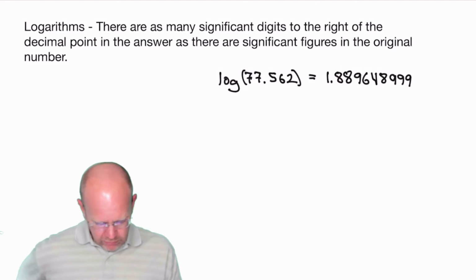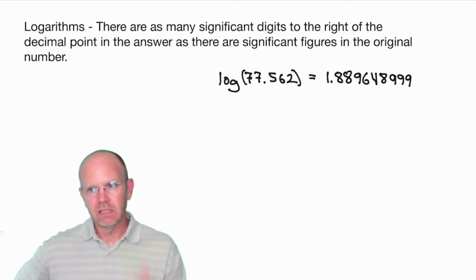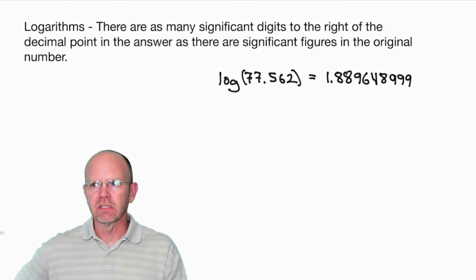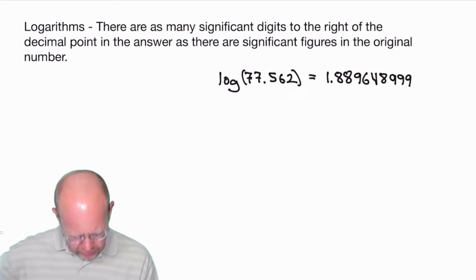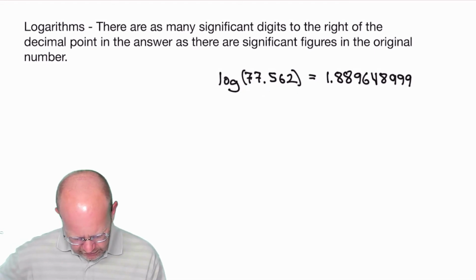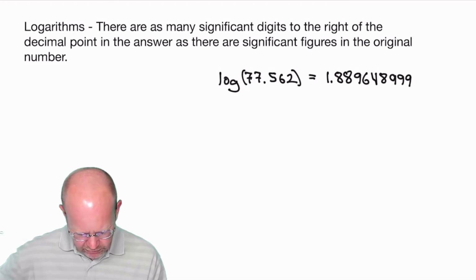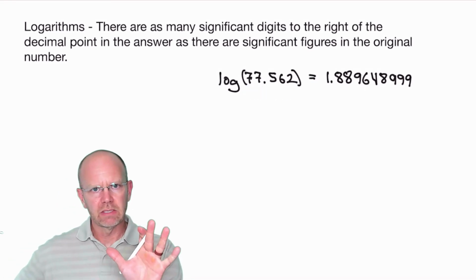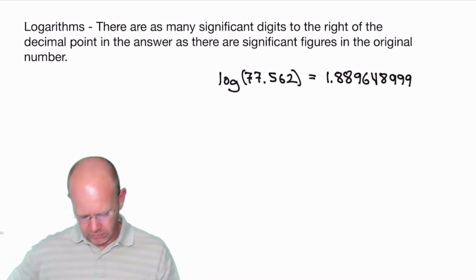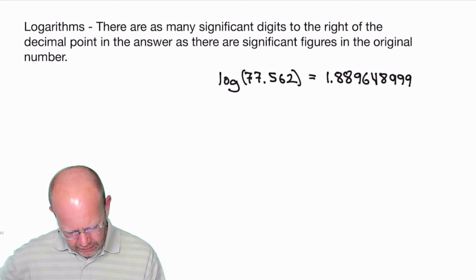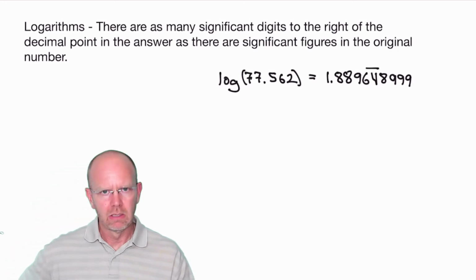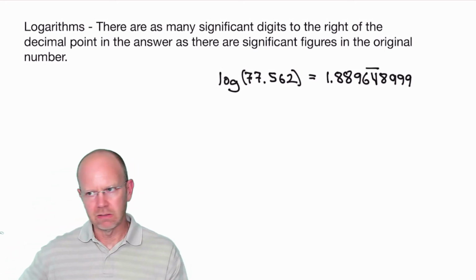So the way this rule reads is there are as many significant digits to the right of the decimal point in the answer as there are significant figures in the original number. This is the original number, 77.562. In that number, there are 5 significant digits. So in the answer, the 1 doesn't count, but everything past the decimal does. So we have 1, 2, 3, 4, 5. That 4 is going to be the number that holds the place of the last significant digit.